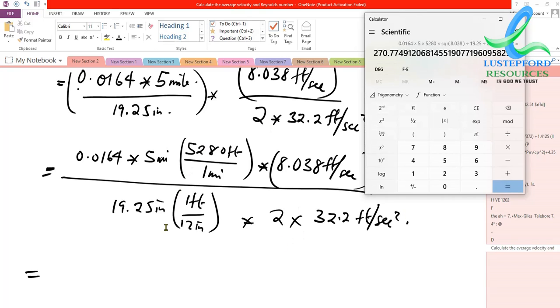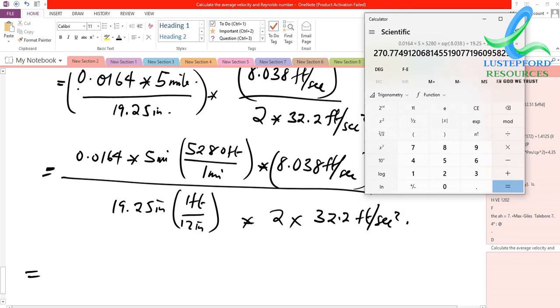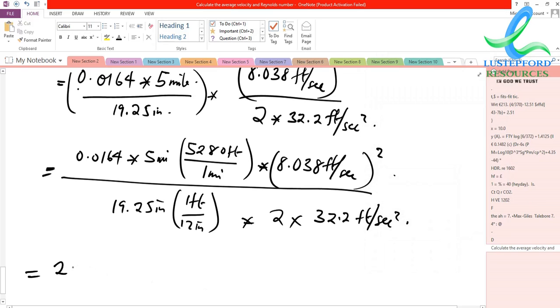So we now have 270.775. Let's look at the unit here. We have feet here.